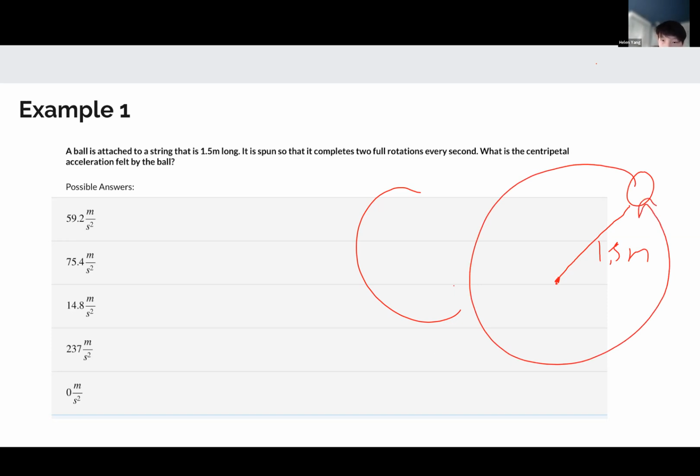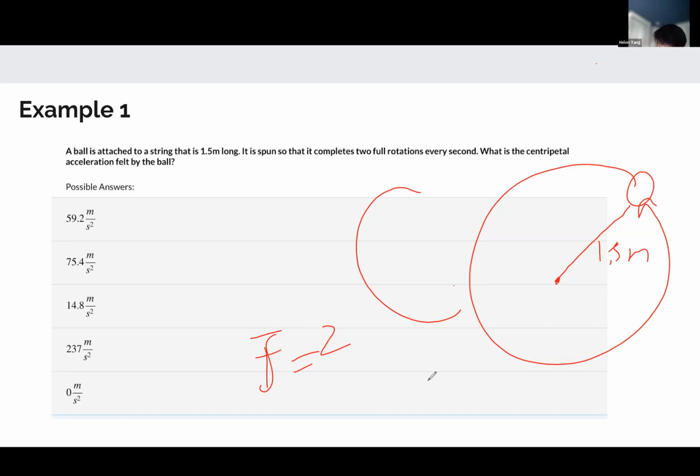So it says it is spun 2 full rotations every second, which means that the frequency is equal to 2.